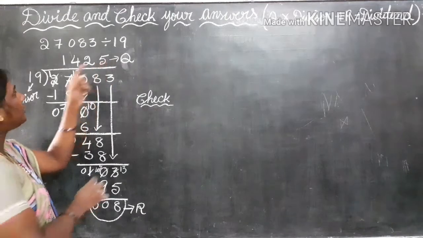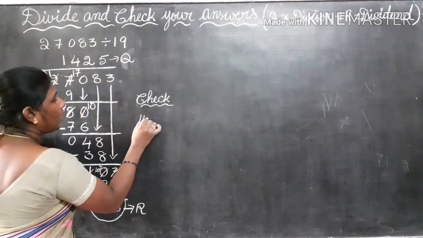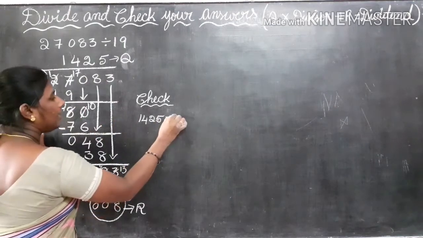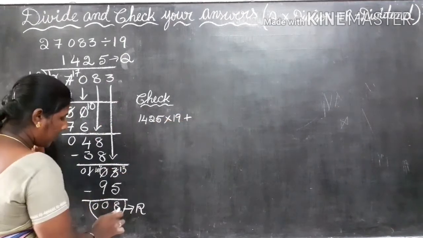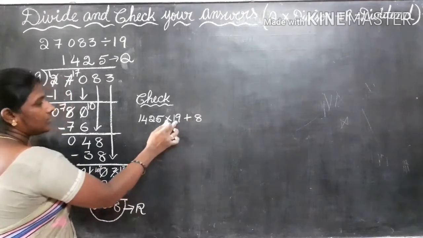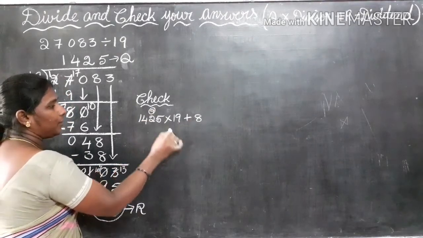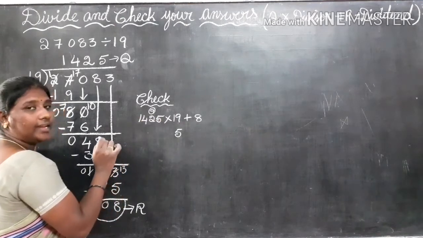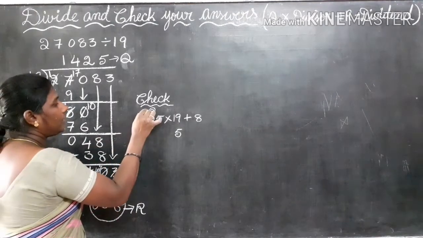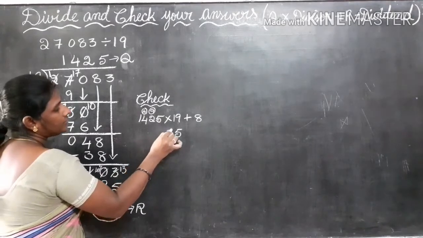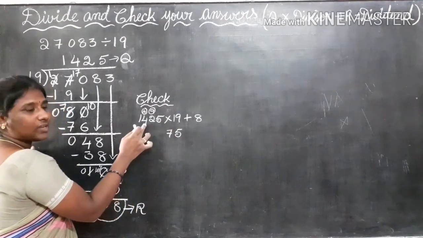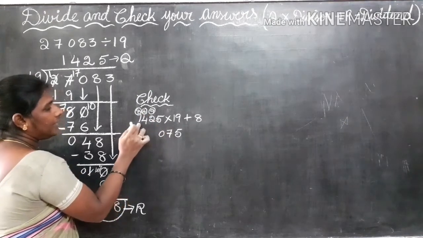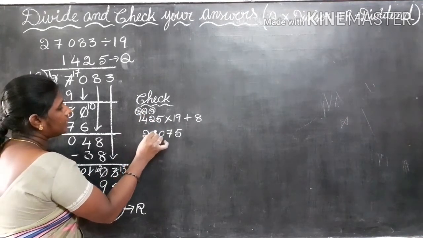Same: quotient into divisor. What is the quotient? 1425 into divisor 19 plus remainder 8. 19 fives are 95. 19 twos are 38, 38 plus 9, 47. Here 4, here 7. 19 fours are 76 plus 4, 80. 19 ones are 19 plus 8, 27.